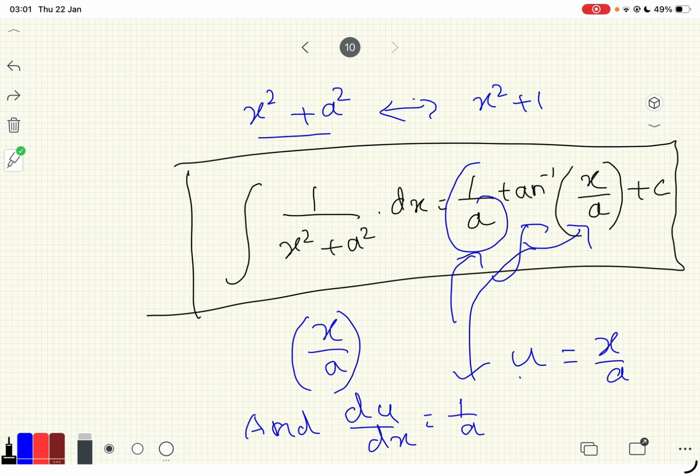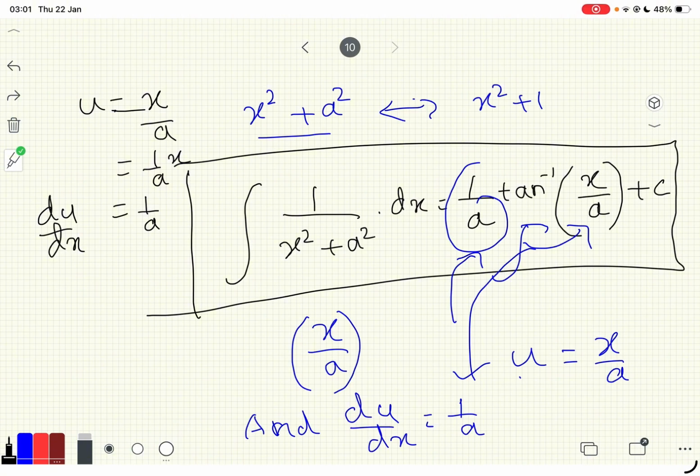If you don't get it properly, see here. If u is x over a, that is 1 over a into x, so the derivative of u with respect to x is 1 over a.